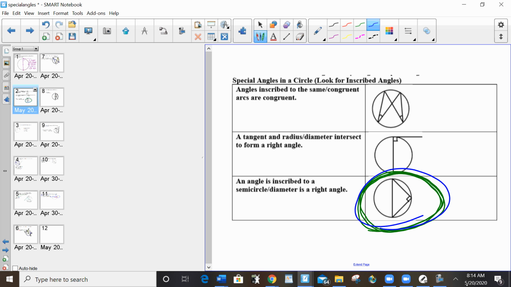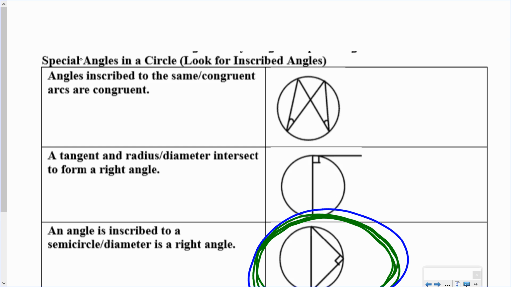If you have 2 angles that are both inscribed to the same arc, then the angles are congruent. If you have a tangent meeting a diameter or a radius, the same would apply to a radius, the intercepted arc is 180, which makes the angle right. And if you have an angle inscribed to a semicircle or a diameter, then that's also a right angle.